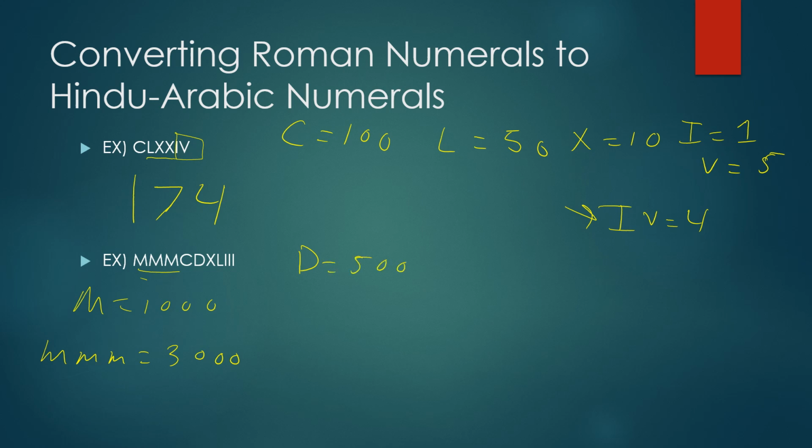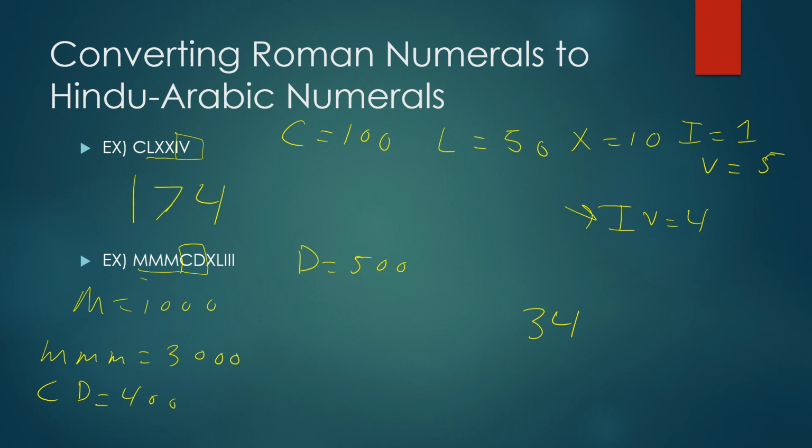Since C is less than the D 500, we're actually subtracting. So CD put together is actually 400. So now we have 3,000 and 400. CD put together is 400 because it's 100 less than 500.